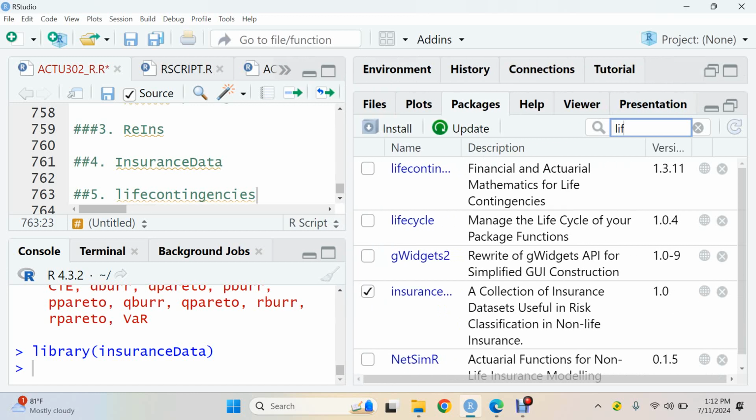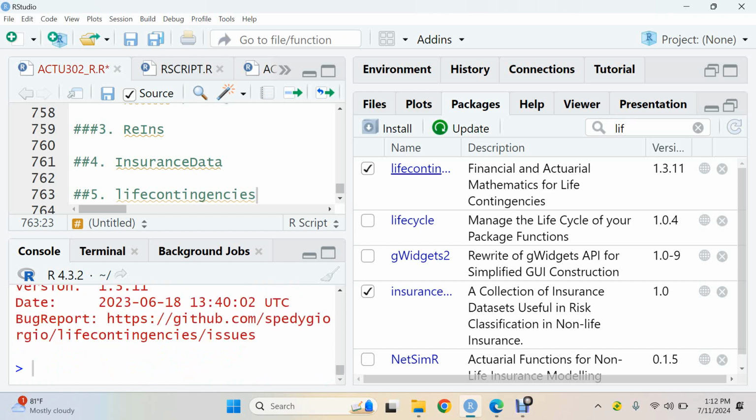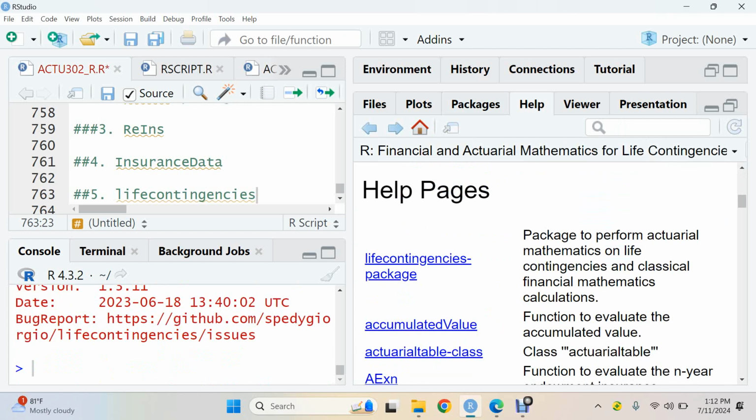Okay, so life contingencies is financial and actuarial mathematics for life. Actually, some of the things, the IRR and so forth, you find in this package as well, the life contingencies package. So please take your time and go through that as well. I can go through here for you to see.